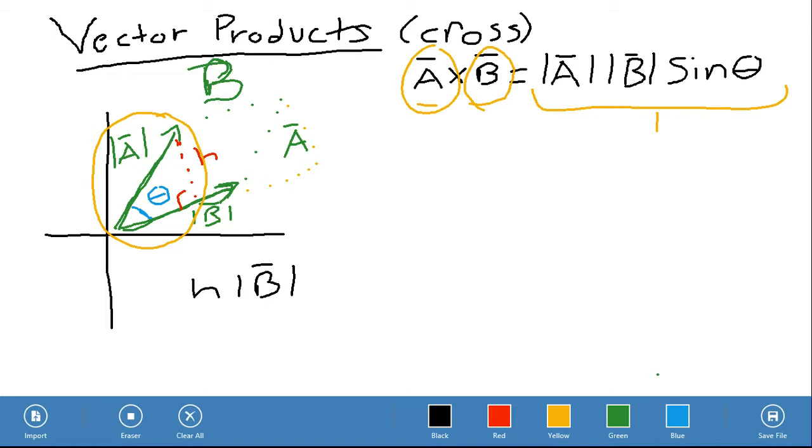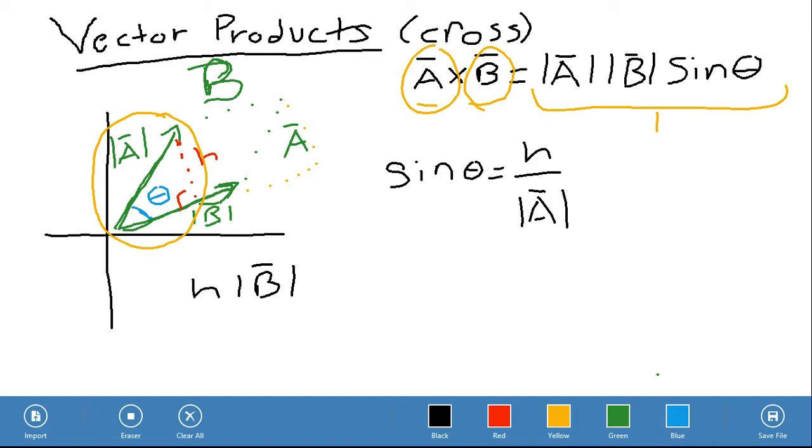So in other words, if you look at the picture, sine theta equals h, the opposite, over the hypotenuse, which is just the length of A. That's not the vector A, it's the length of A. A vector has magnitude and direction, but when we're looking at the sine, all we want is the magnitude of that vector. The direction is not quite so important.